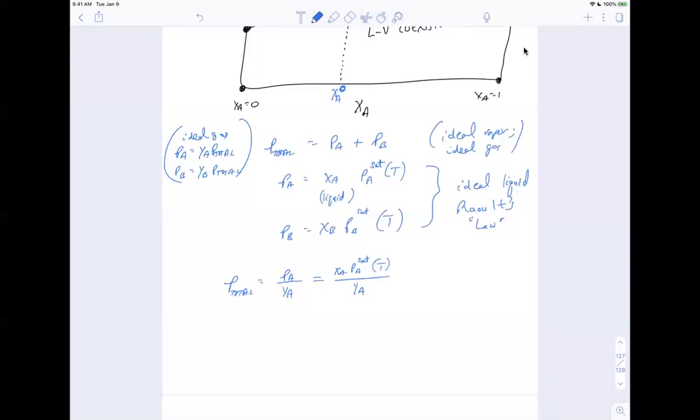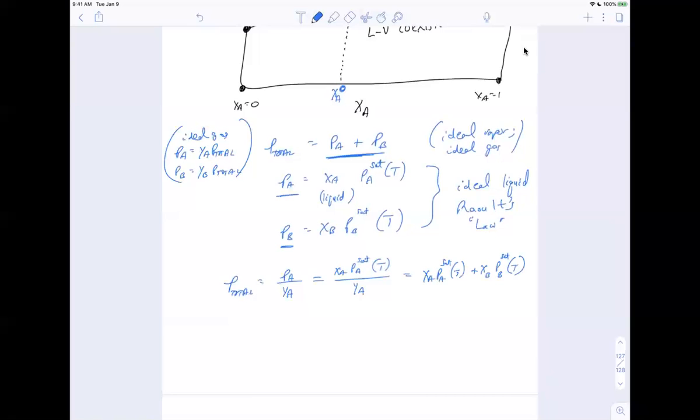And so we know that the total pressure, which is really what this is all about, on the very left-hand side, P total is going to be PA plus PB. We know that PA is this and PB is this. So what we do is write PA as XA PA sat, and we write PB as XB times PB sat, which is the vapor pressure at the temperature of interest.